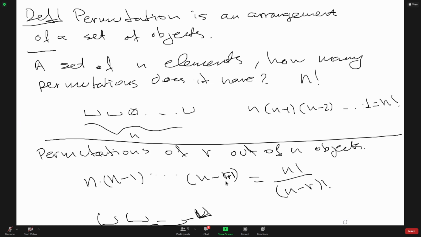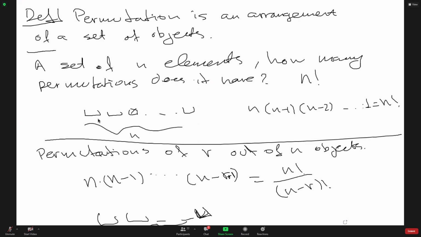If r is equal to n, this is 1, which was the case here, right? Here, for the first position, we have n choices. For the second, we have n minus 1. This is the opposite way of how we thought. You can either think of how you place objects in boxes or how you fill in the boxes.